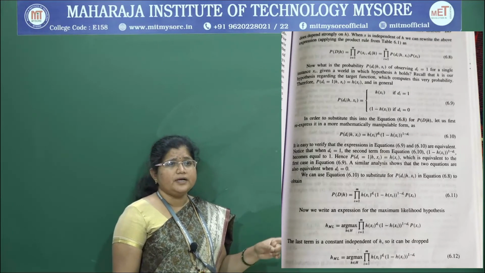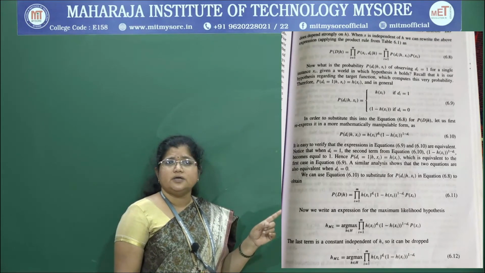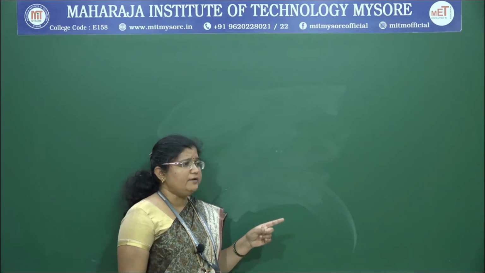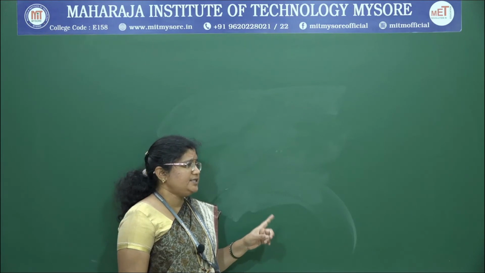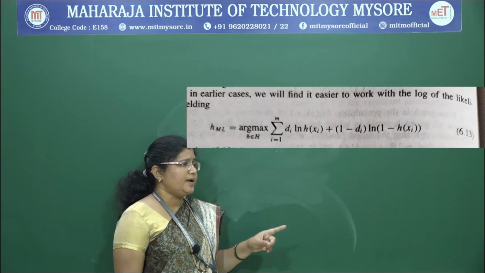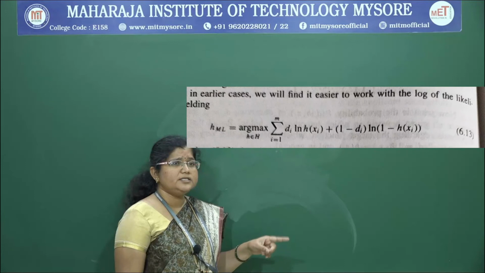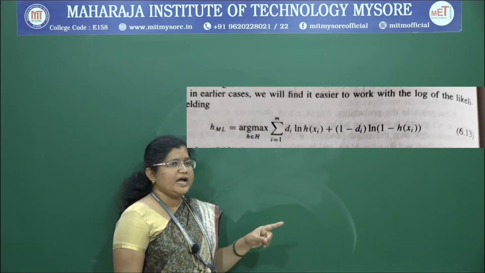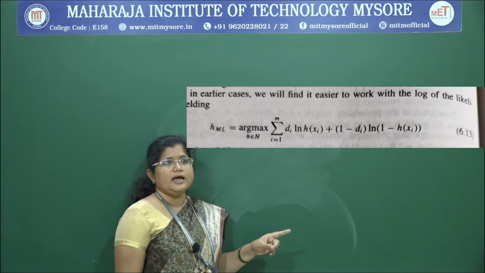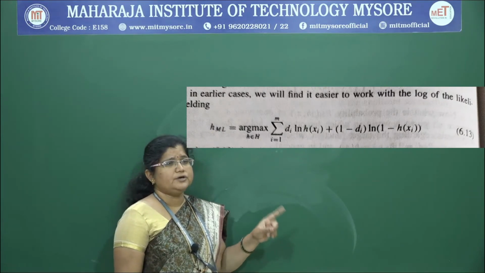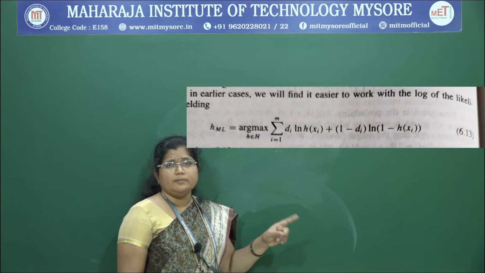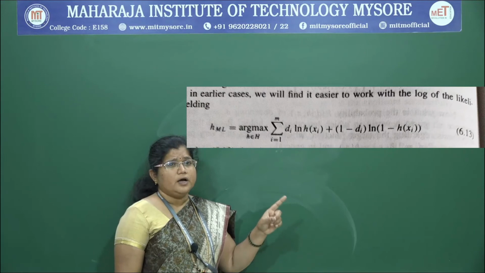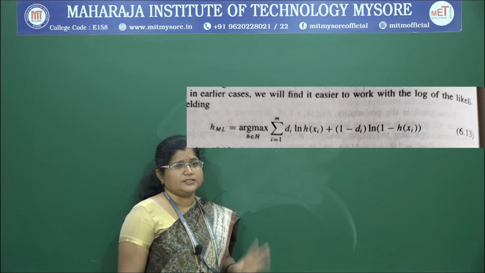After dropping that, it is easier to work with the log of the likelihood, and we have h ML equals argmax h belongs to capital H of the summation of i equals 1 to m of di ln h of xi plus 1 minus di ln of 1 minus h of xi.